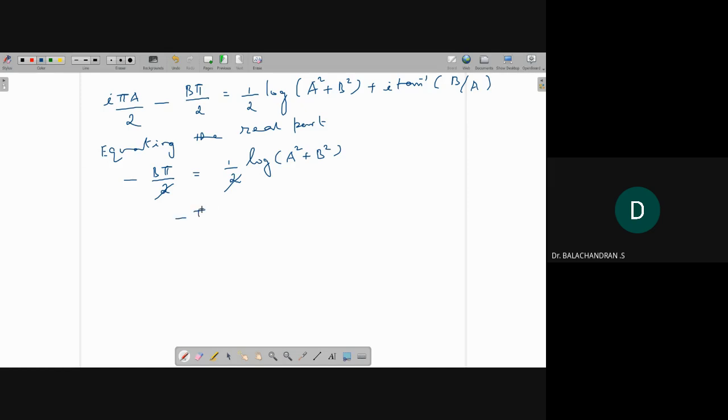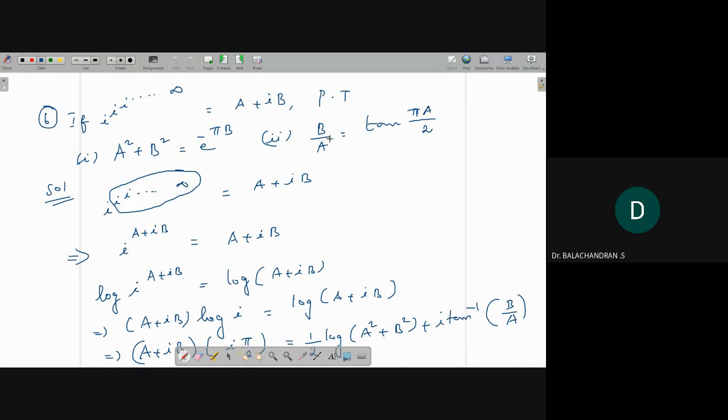Minus pi b equal to log of a square plus b square. What is a square plus b square from this? a square plus b square equal to e power minus pi b. So we need a square plus b square equal to e power minus pi b.